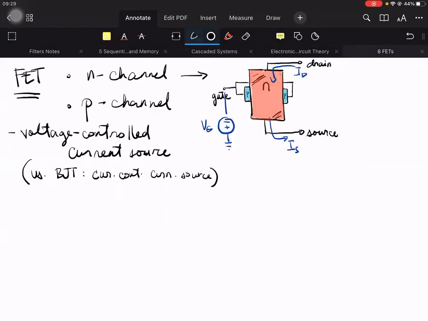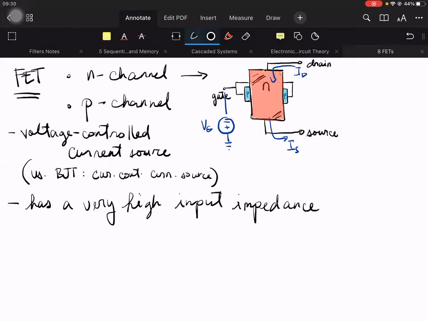What else? Another characteristic of the FET is that the device itself has a very high input impedance.